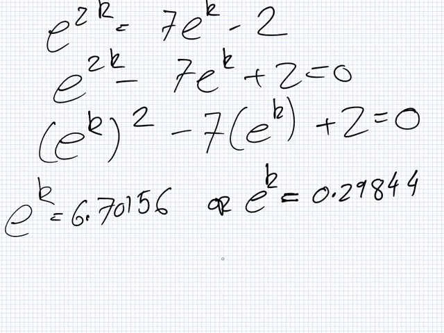Okay? Now I don't want e^k, I do want k. So what should I do next? I should put a log here. So I get k equals log 6.70156. So that means k is 1.9023.